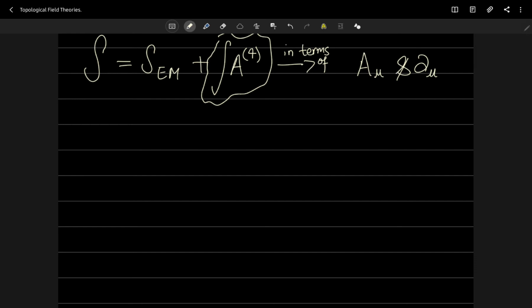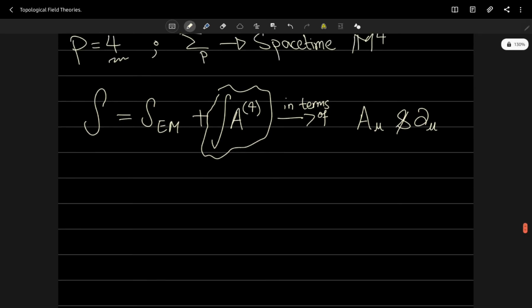And simply that's because our electromagnetic action is in terms of these things, and if you're adding something over here to your action, then they should be the same dimensions, or in the same terms. Only then can you of course add it to it.